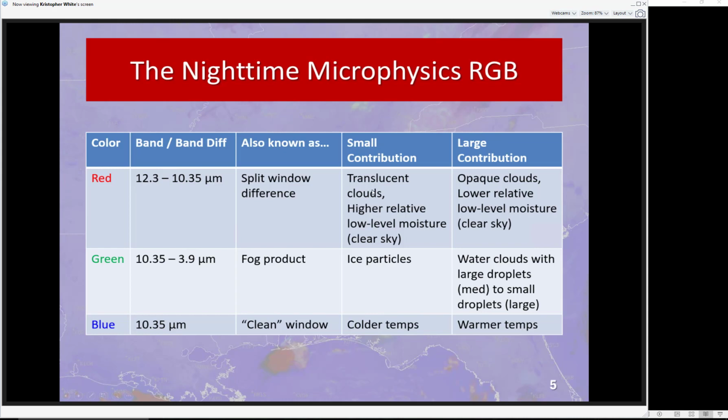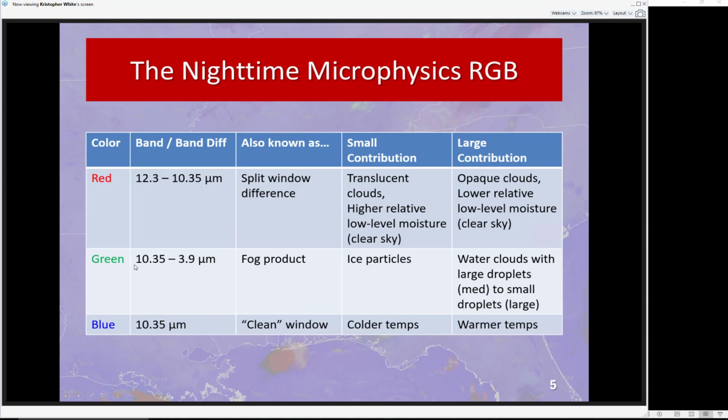With respect to clouds, generally if you have a small amount of red color, this commonly equates to a translucent cloud. If you have a large contribution, typically that means it's a thick or opaque cloud. In a clear sky condition, a small contribution generally equates to higher relative low-level moisture, and a larger contribution would be lower relative low-level moisture.